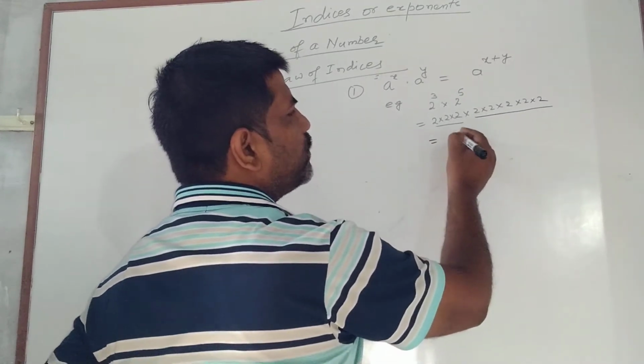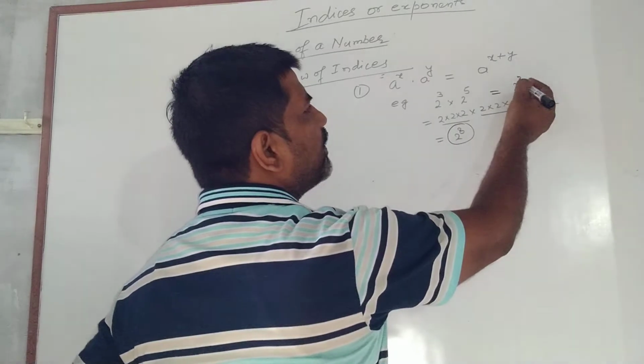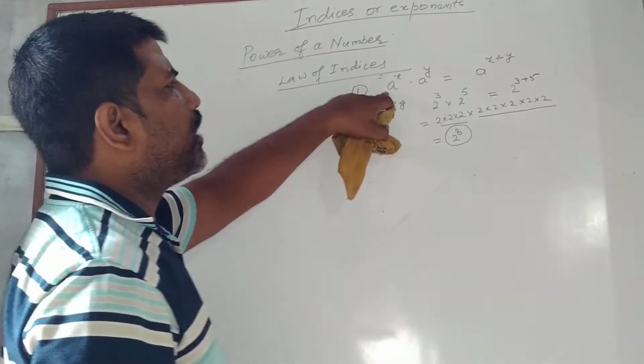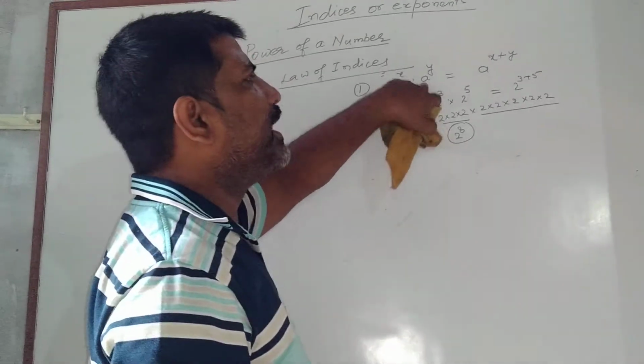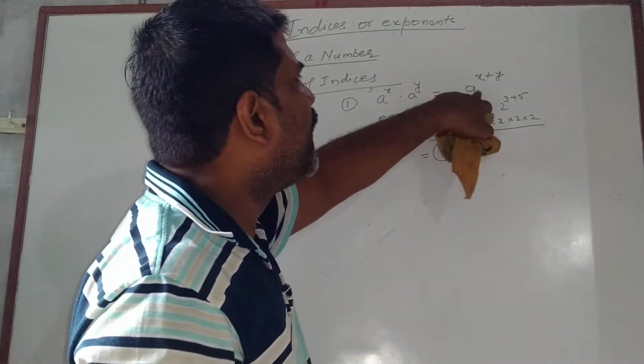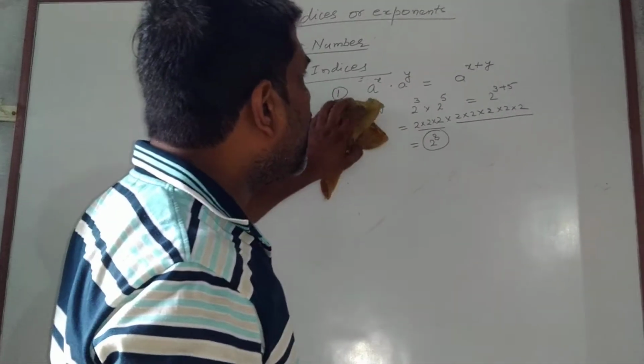So it now becomes 2 to the power 8. So this is equal to 2 to the power 3 plus 5. This is the first rule: a to the power x into a to the power y has only one base, and its power will be x plus y, both powers added together.